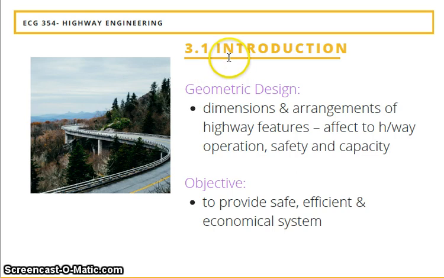As for the introduction, please have a look at geometric design. What does geometric design mean? Actually, the geometric design of highway facilities deals with the proportioning of the physical elements of highways, such as horizontal alignment, vertical alignment, lane width and cross sections.